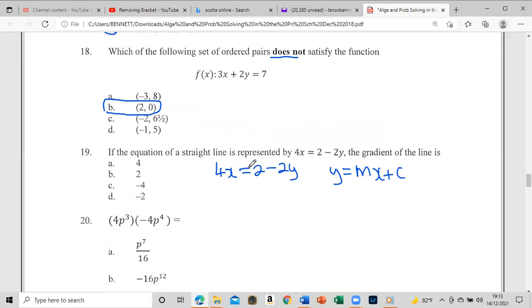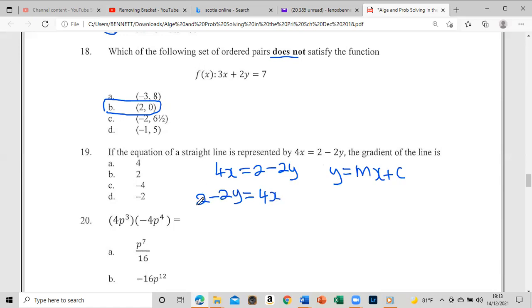So what we are going to do is make y the subject of the formula. So that 2 here, we are going to get rid of it. I'm going to rewrite it. So now you have solved for y.